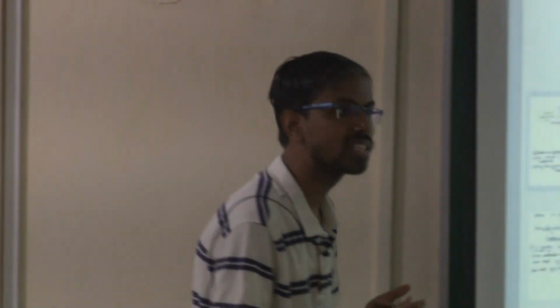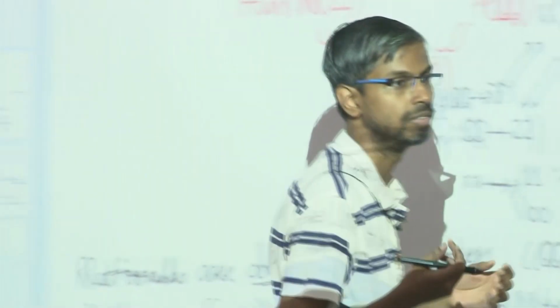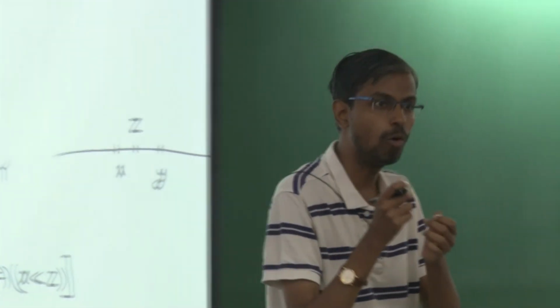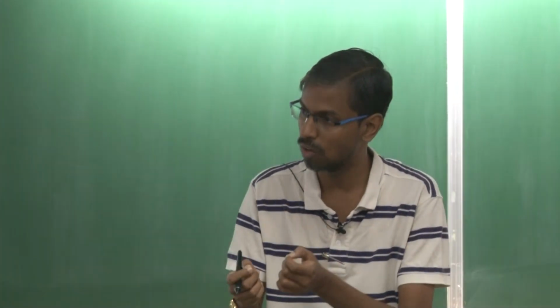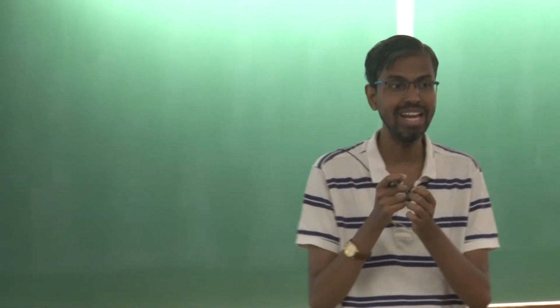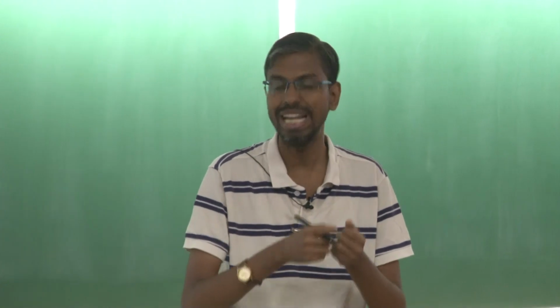So functions from natural numbers to 2 are what? For 0, I assign one element, either 0 or 1. For 1, I assign 0 or 1. So it is nothing but a sequence of zeros and ones.